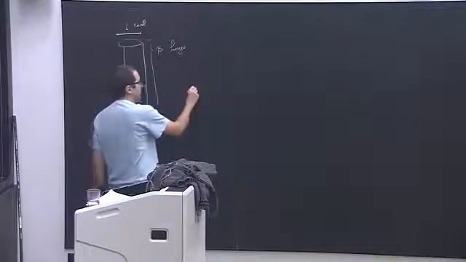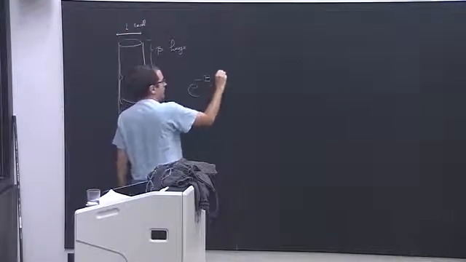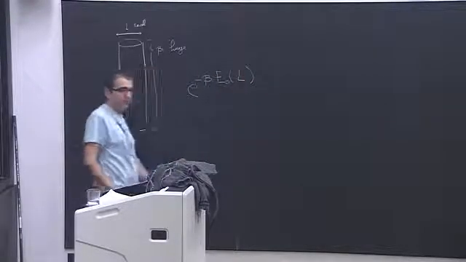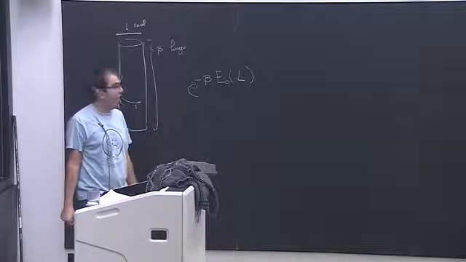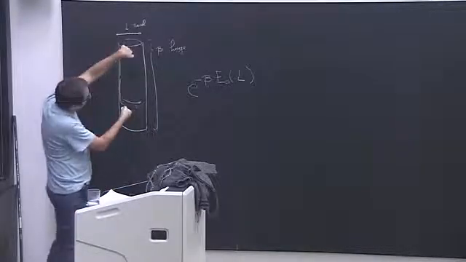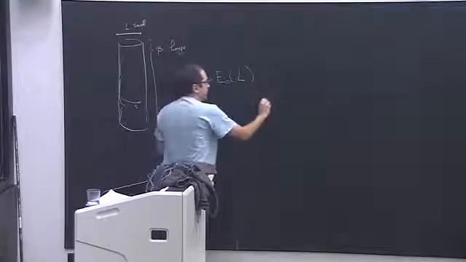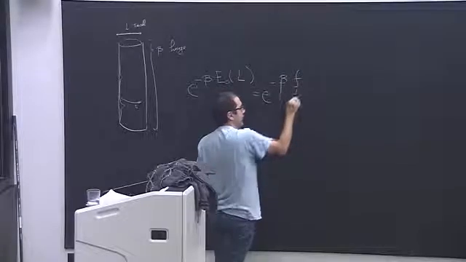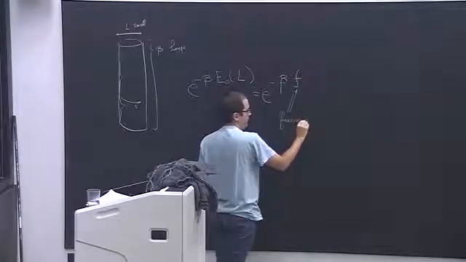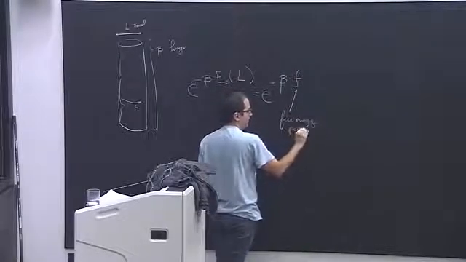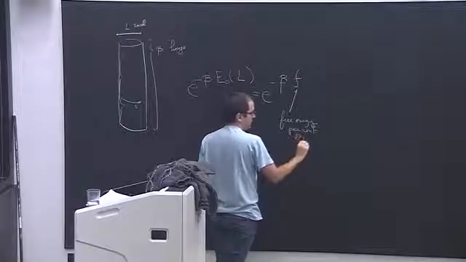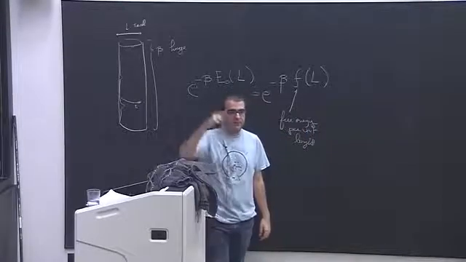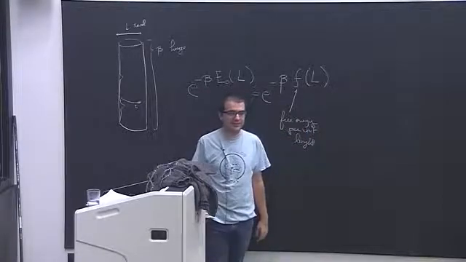So on the one hand, this is given by e to the minus beta times the ground state energy at length L. On the other hand, if we think of this from this point of view, this is equal to e to the minus the length times the free energy per unit length at inverse temperature L, which is the periodicity that we identify.